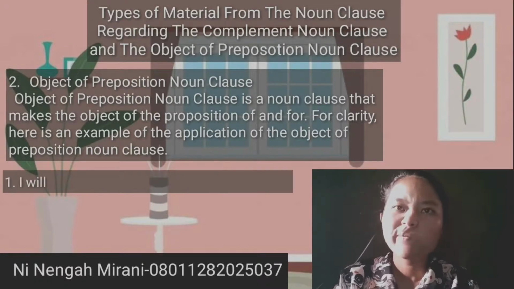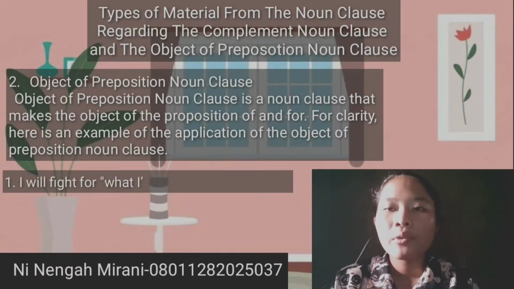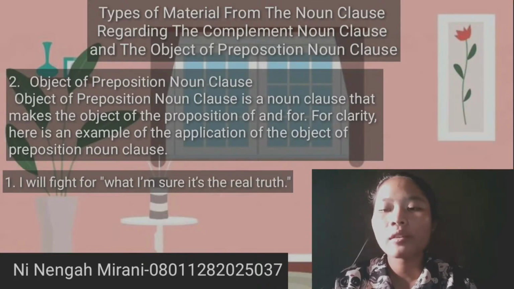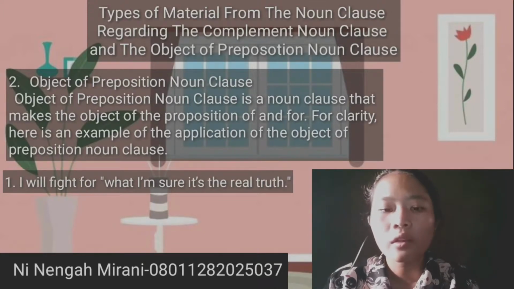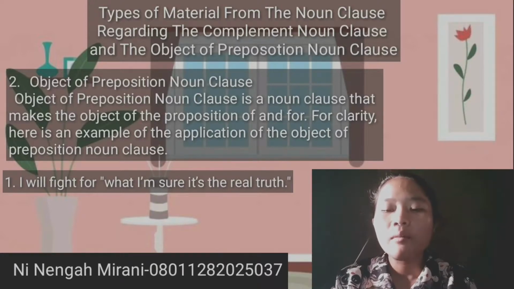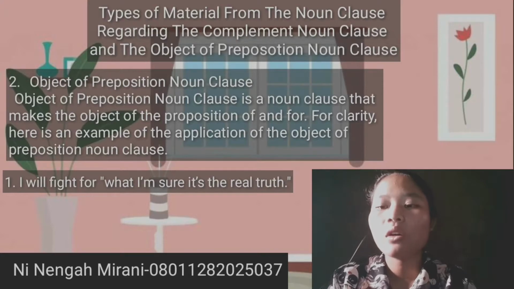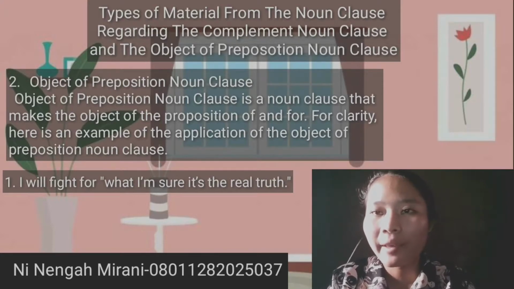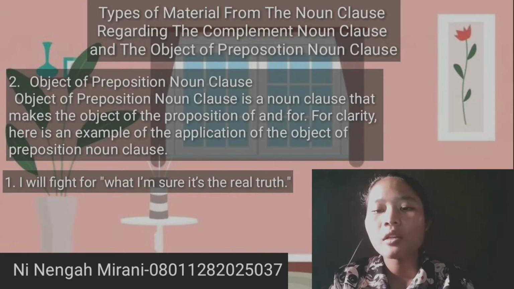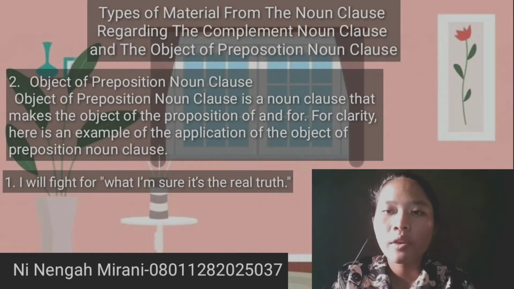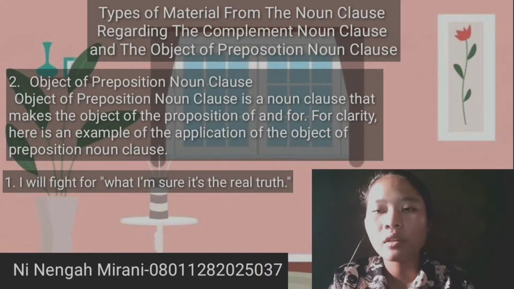Number 1, I will fight for what I am sure is the real truth. Artinya, saya akan berjuang untuk apa yang saya yakin itu kebenaran yang sebenarnya. Misalnya kan, setelah kata for itu ada what I am sure is the real truth.